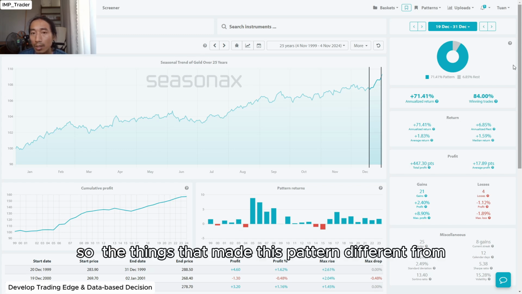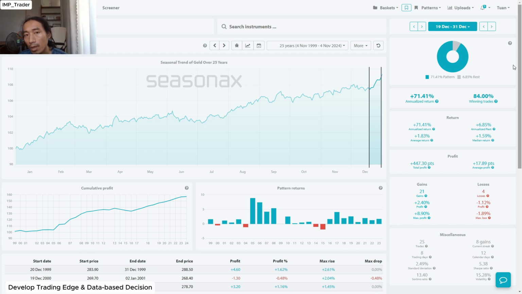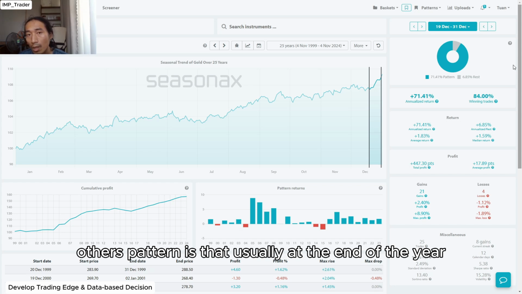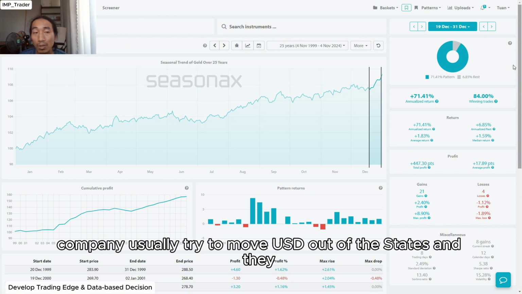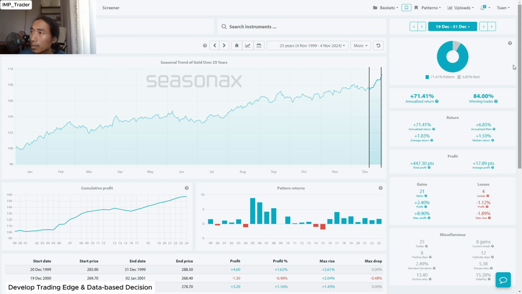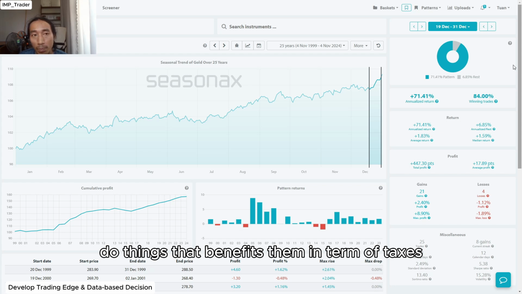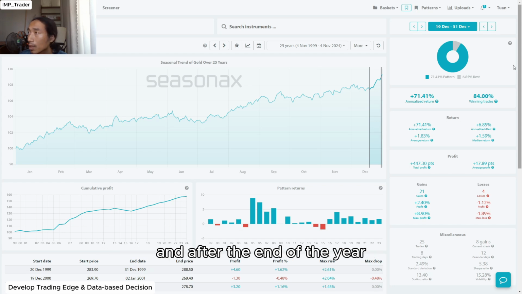What makes this pattern different from other patterns is that usually at the end of the year, companies try to move USD out of the States, and they do things that benefit them in terms of tax. After the end of the year, they will buy back their USD.